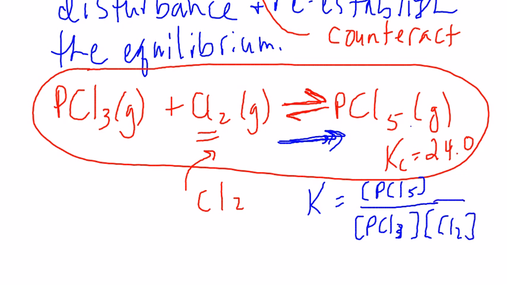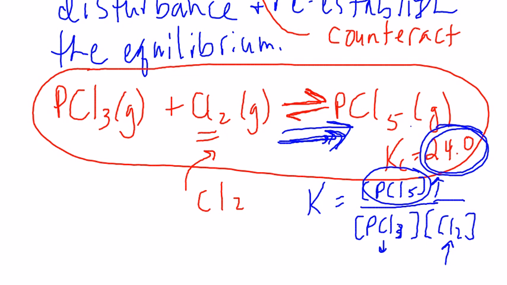So the system wants to reestablish that ratio of 24. And if you make the denominator larger, then the system shifts to the right to produce more PCl5 to make that number go up, and the PCl3 number goes down to reestablish the ratio of 24.